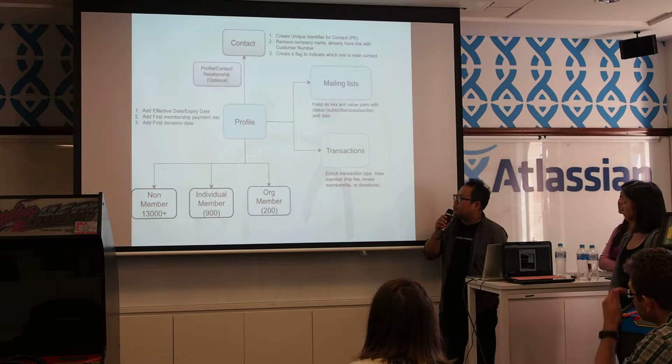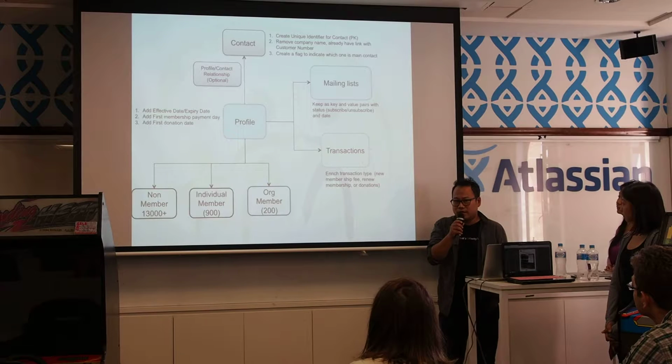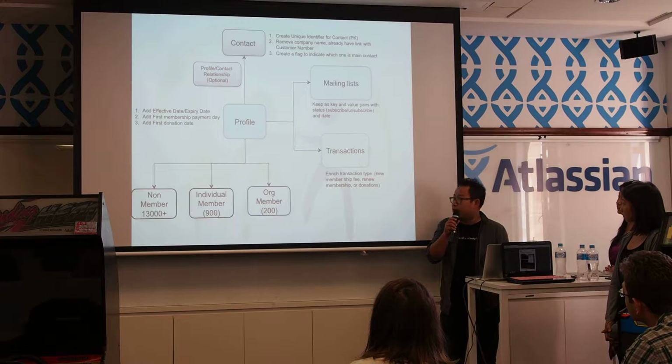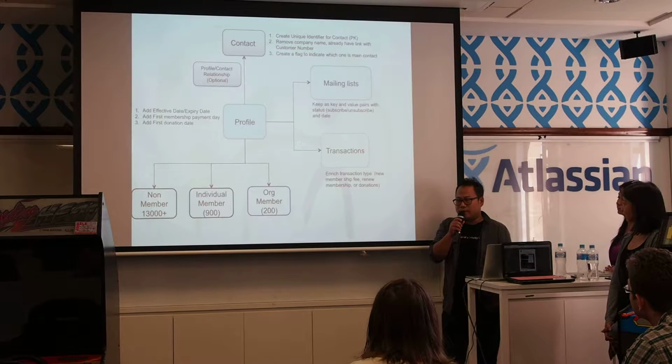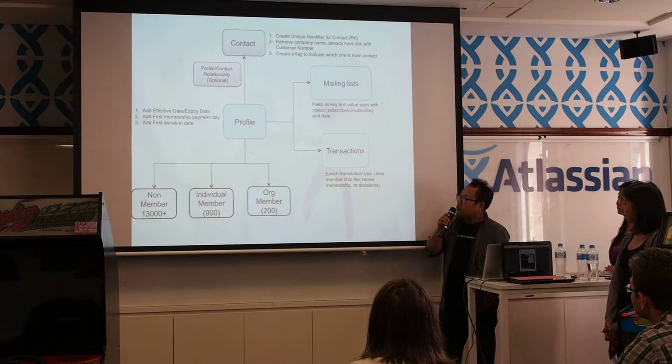In the transaction table, we have around 4 years of history. We could link to the profile table to find the first payment the member made. But for a member who joined since 2001, you probably won't be able to find their first payment, so we can't always use the transaction table to derive their first-time membership payment.